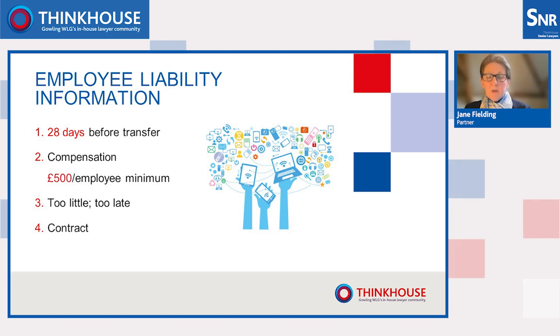Those sorts of provisions will also usually address the second point about why it's too late. They will usually require that information to be given on request or certainly earlier in the process than 28 days, so that again that can help shape the transfer and the bids that people are putting in response to the tender.